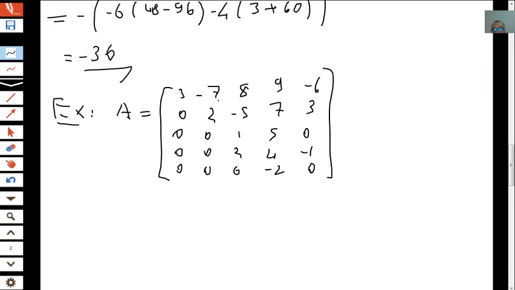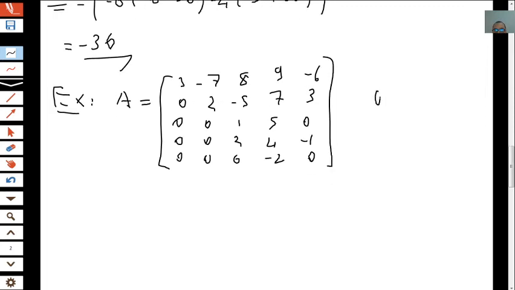Okay. Find the determinant of this matrix.